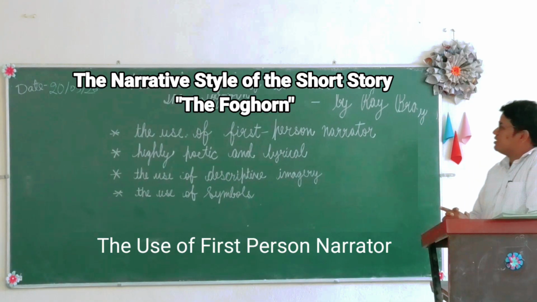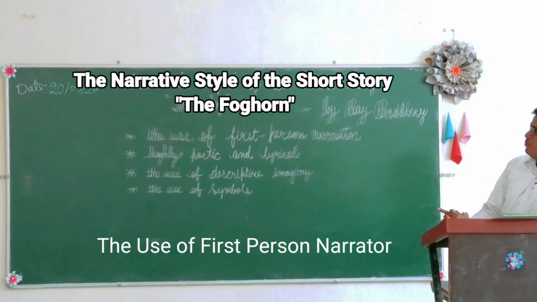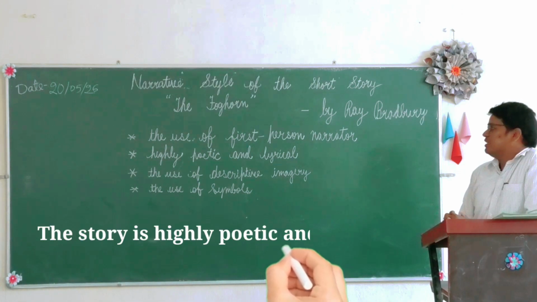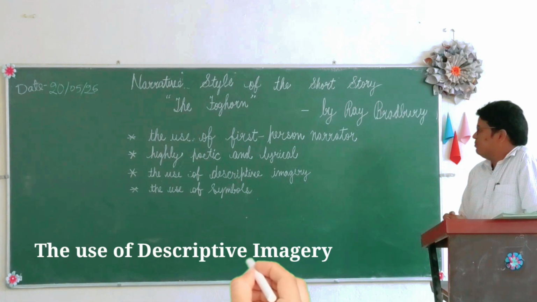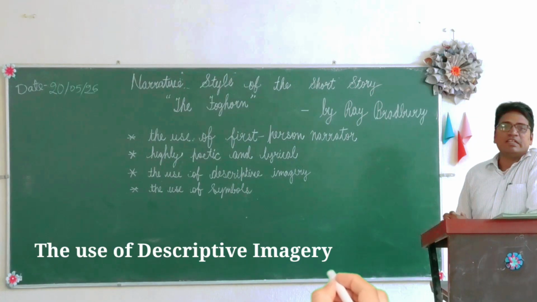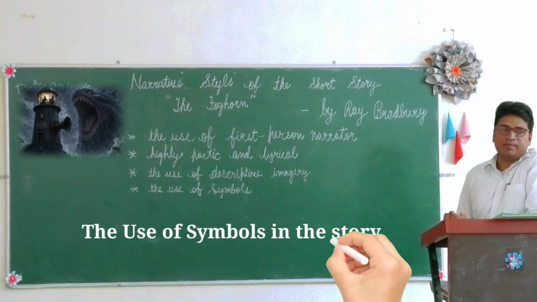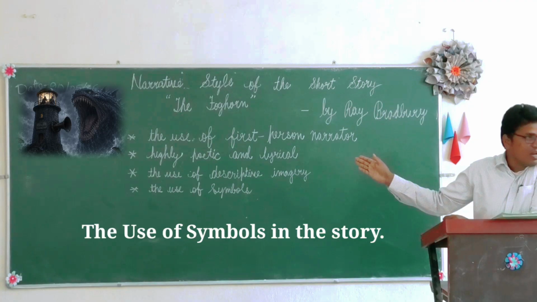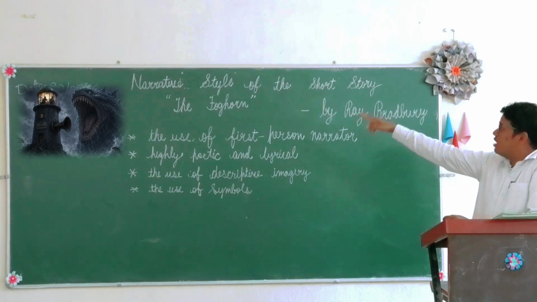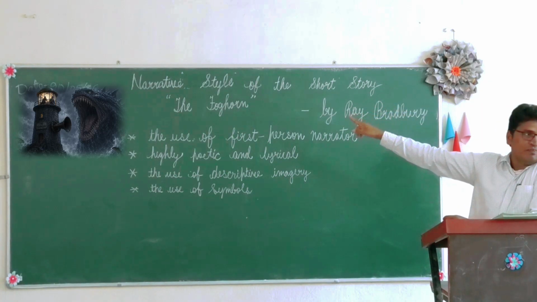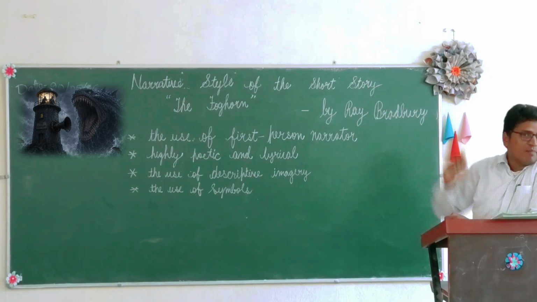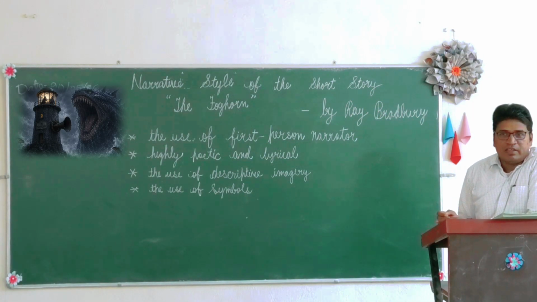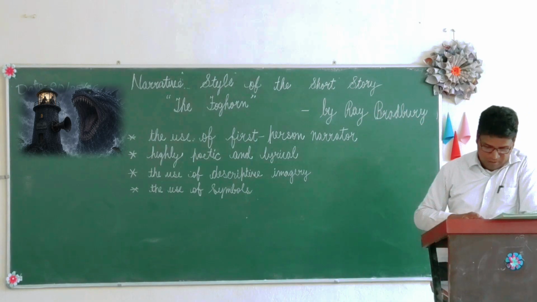Second point is highly poetic and lyrical, third point is the use of descriptive imagery, and the fourth one is the use of symbols. So these are the sub-points under the main topic, narrative style of the short story, The Foghorn. There are other points as well which can be discussed in the coming classes. Okay, clear? Yes, sir. Okay.